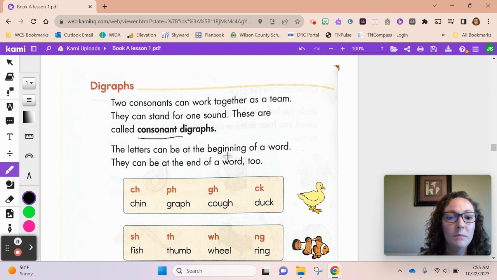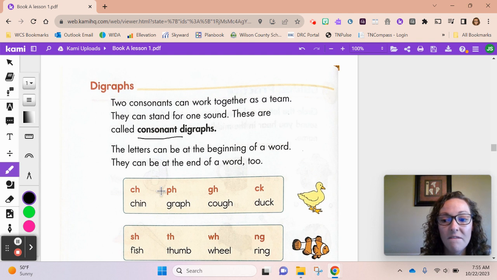The letters can be at the beginning of a word. They can be at the end of a word too. So here are our examples. We have CH, which says the ch sound, like in the word chin, ch, ch. PH, this is a tricky one.